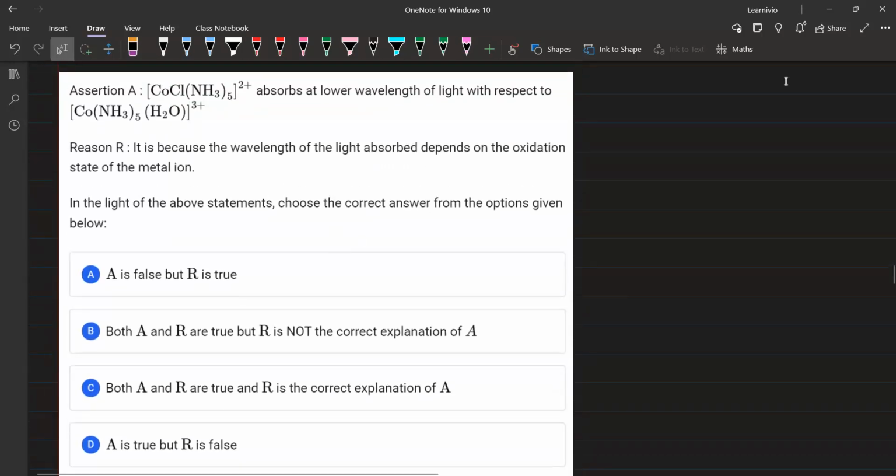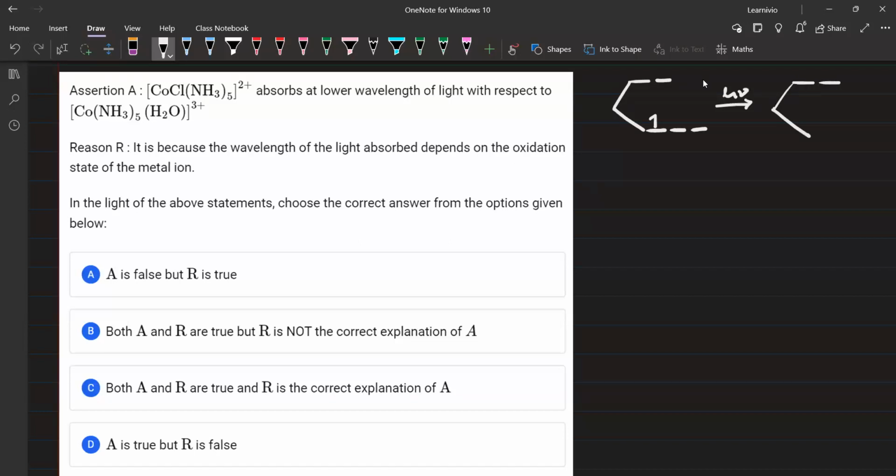Have a look at this, it needs a little theory. CFSE is the difference in the energy of Eg and T2g levels. Whenever you have unpaired electrons and you give light, the electron gets excited. It gets excited only when the light you are striking on it corresponds to the energy difference between Eg and T2g.